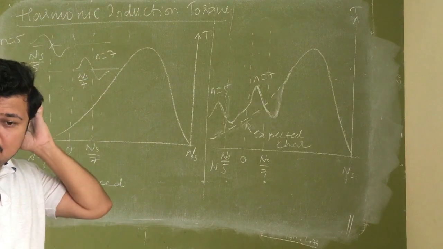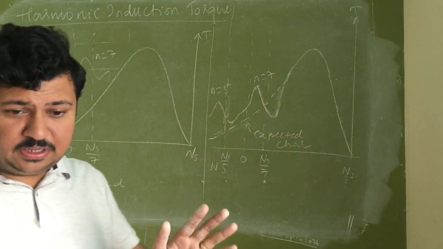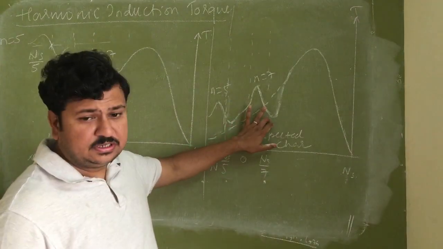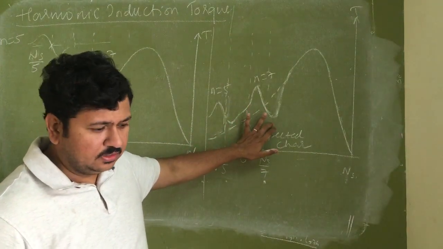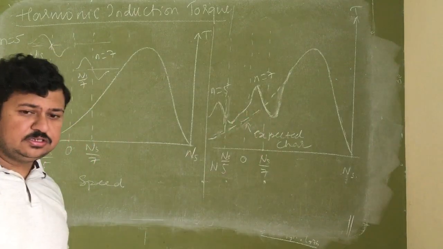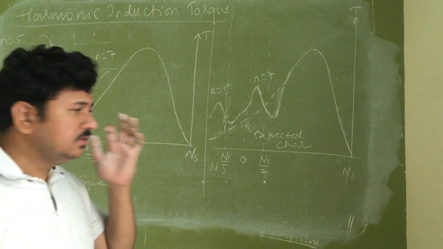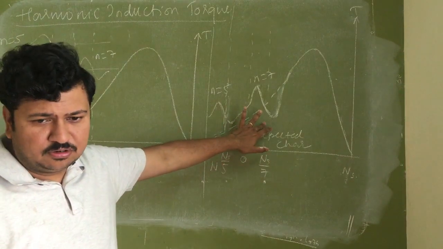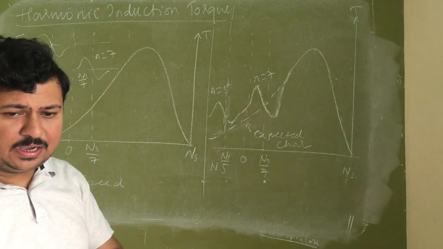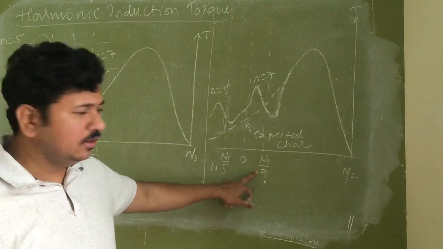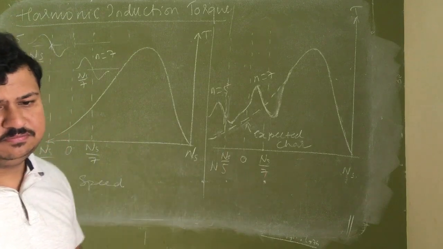Hence, if the load is operating at constant torque, this torque produced is insufficient, and the motor will not run at its rated speed at this load, but it will run at a speed near to or slightly less than 1/7 of synchronous speed.